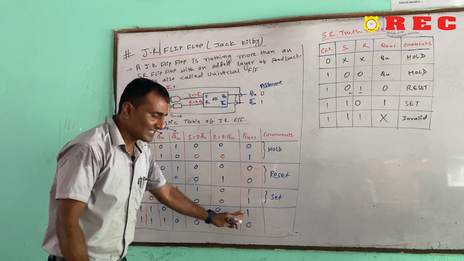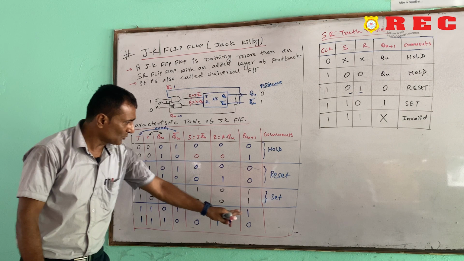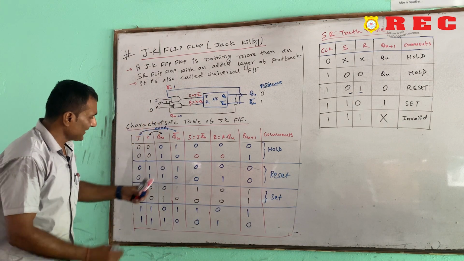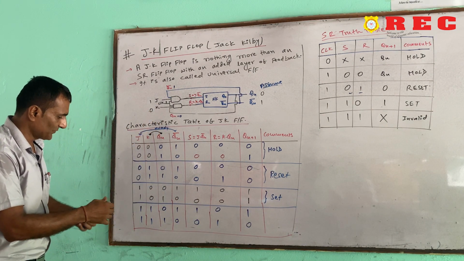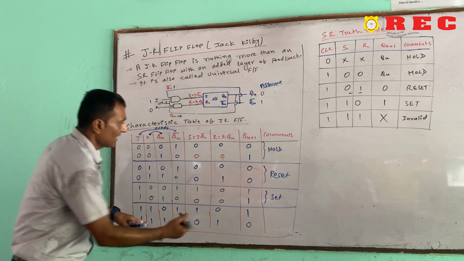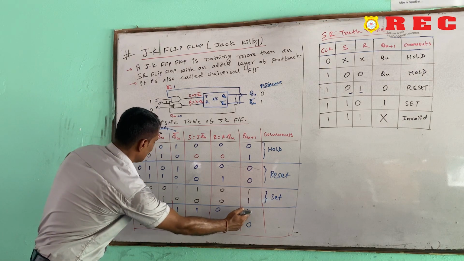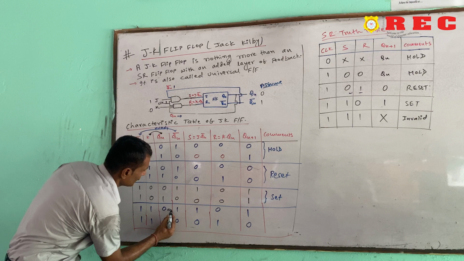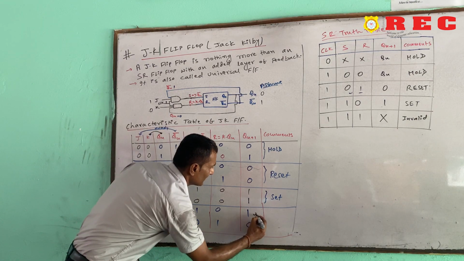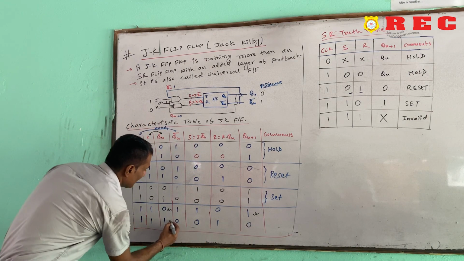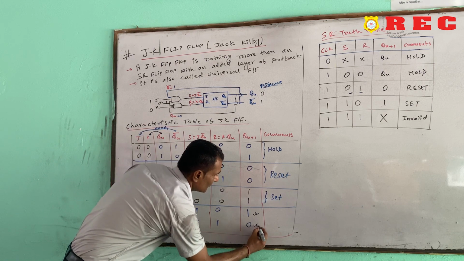So by seeing this table, what we are going to find here: when the input Qn is 0, the output is 1, and when Qn is 1, the output is 0.